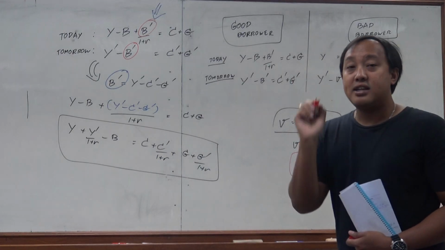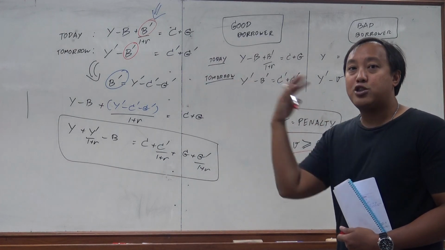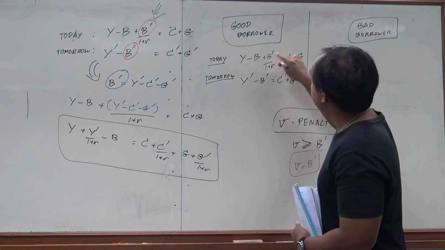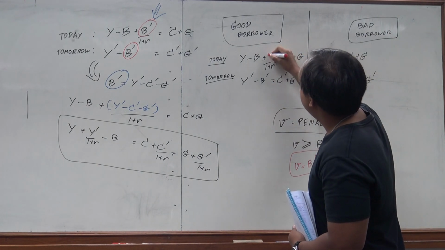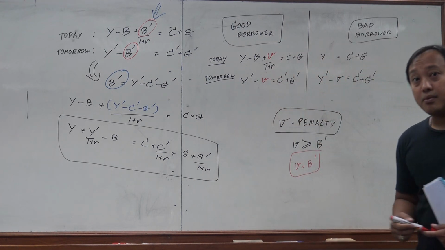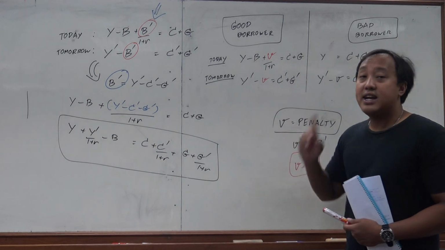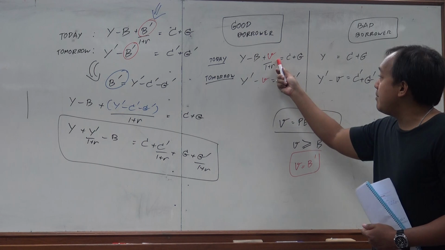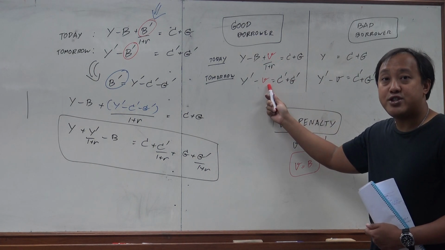Just for comparing the two cases, I'm gonna change from B prime to V, under the assumption that penalty equals B prime.